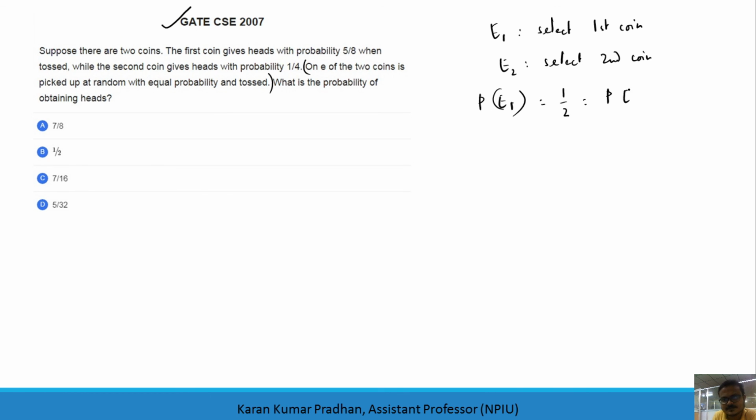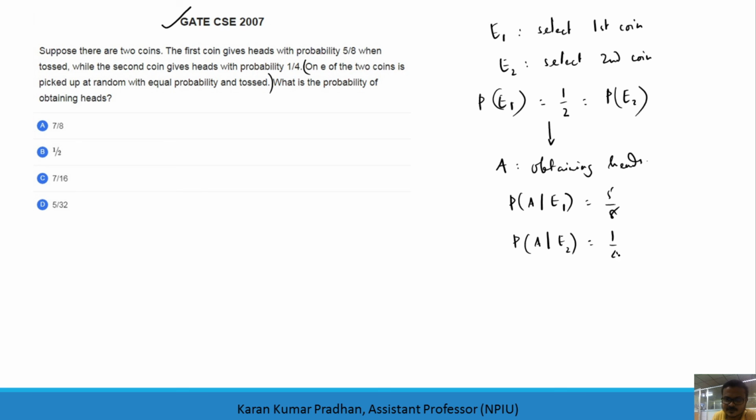Now the new information is obtaining heads, and the conditional probabilities are: for the first coin it is 5 out of 8, and for the second coin it is 1 by 4.